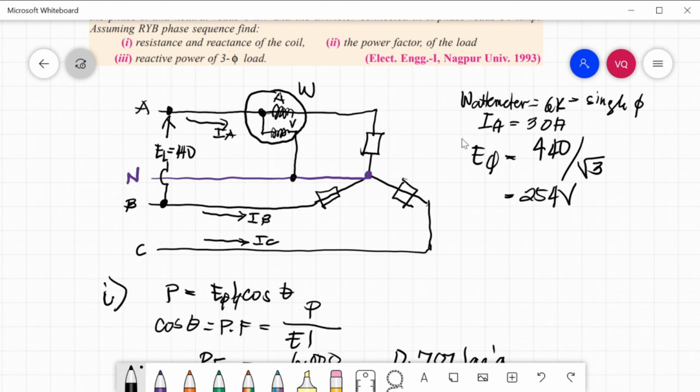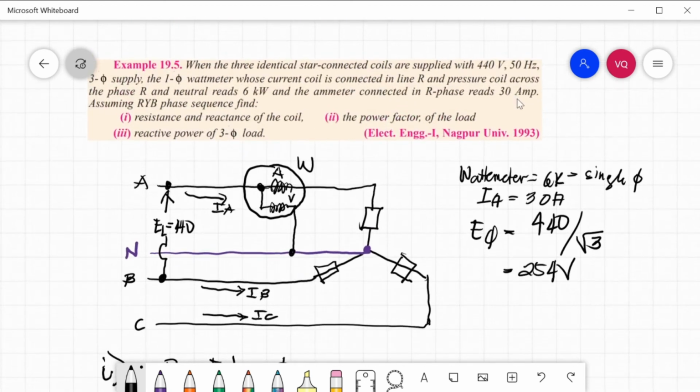Since our IA, which is 30 amperes, is connected in R phase, let's relabel this as R, IA, Y, IB, and B, IC. So this is RYB or ABC. So the current in the ammeter reads 30 amperes.